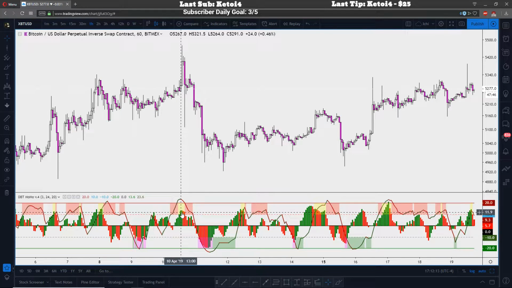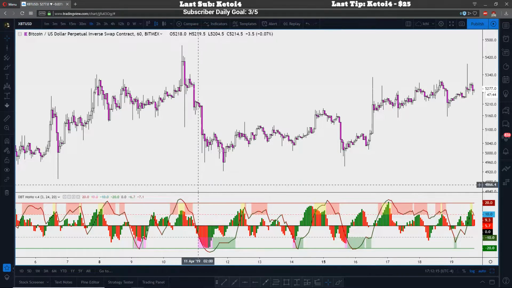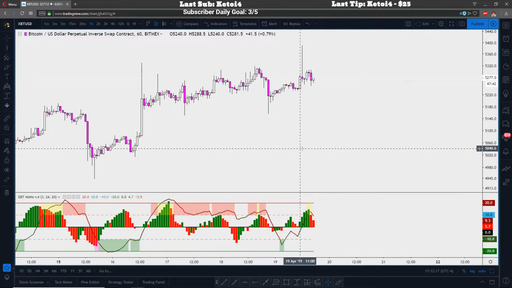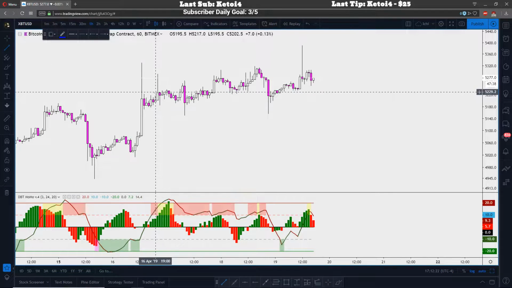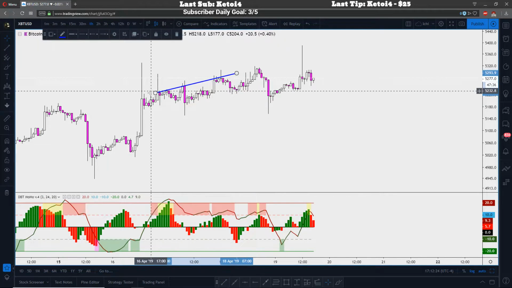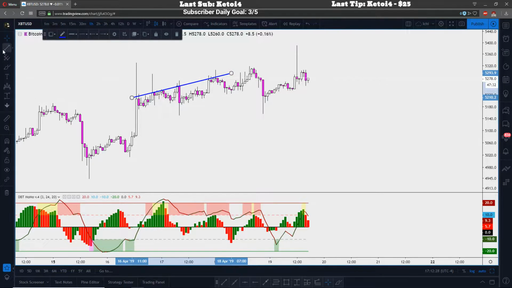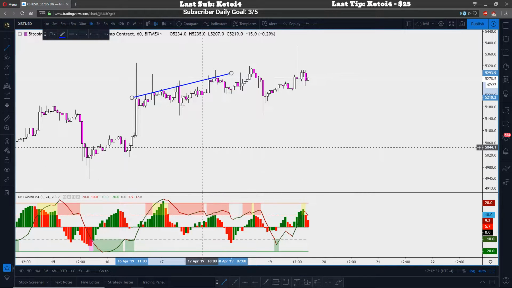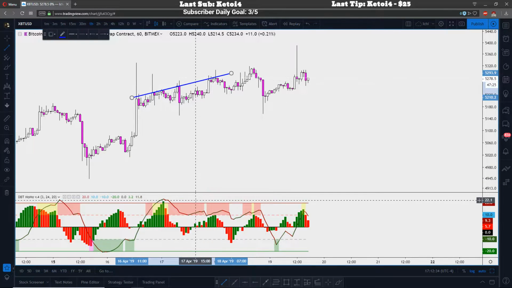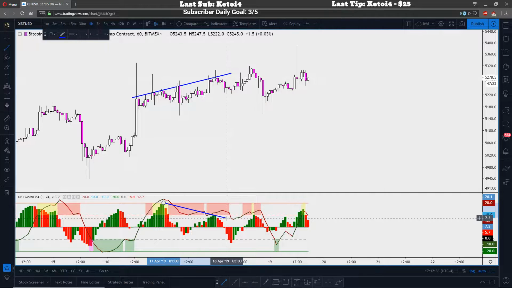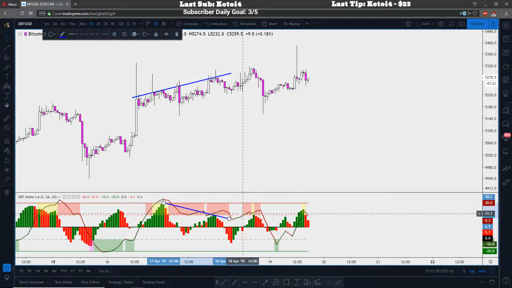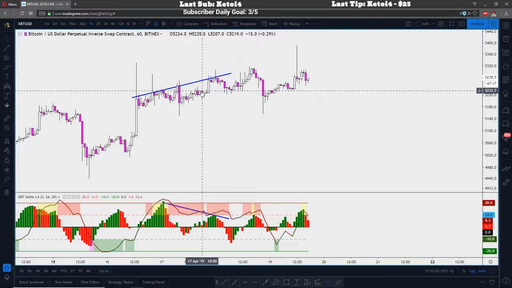If it starts to give you signals of a top, so for example, what we just saw yesterday, but it's not really playing out, if you wait to see if it turns into a bear div, so if it forms a higher high, but then your price line or your trend line gives you a lower high, it's playing a bear div.